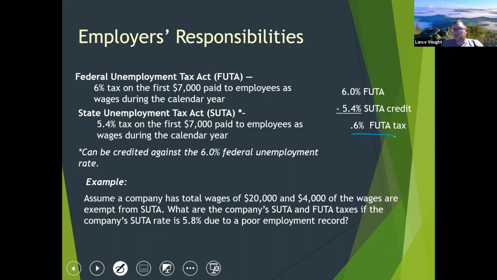What are the company's state SUTA and FUTA taxes if the company's state rate is 5.8%? So if the federal level is 6% and the state level is 5.8%, that means the federal rate is going to be 0.2%.